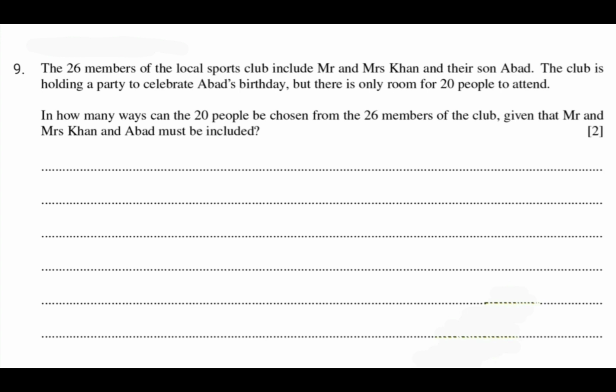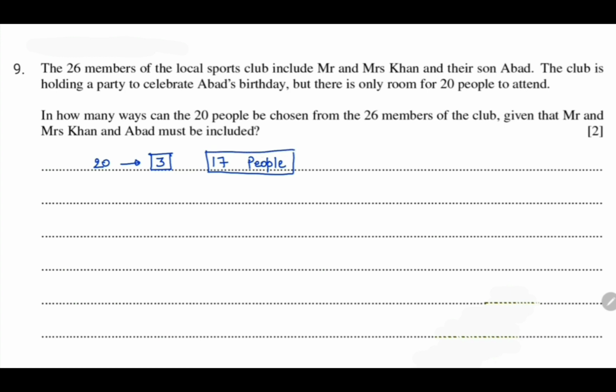So there is space for only 20 people to attend, and Mr. and Mrs. Khan and Abad must be there too. So 3 persons are fixed. Now we have to select 17 more people for the birthday party.